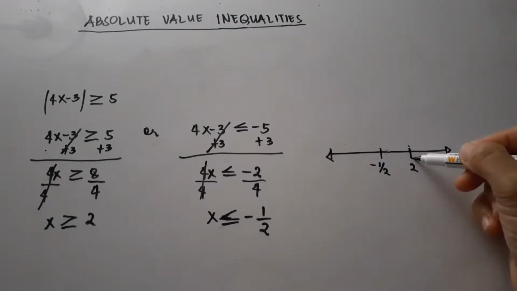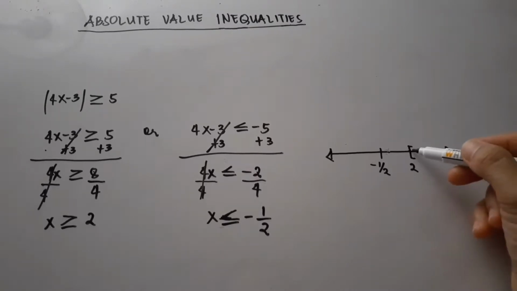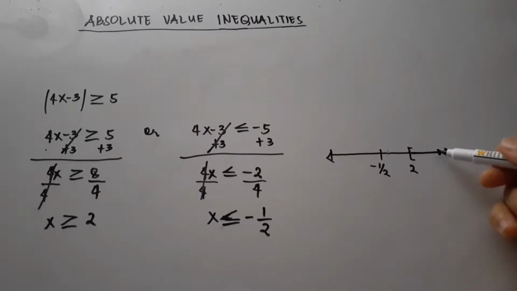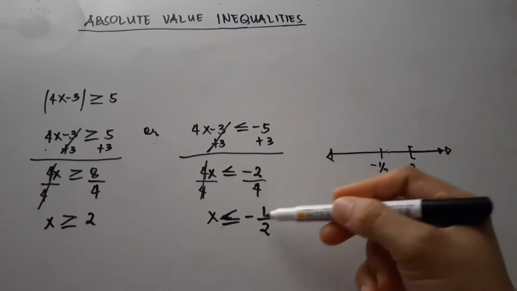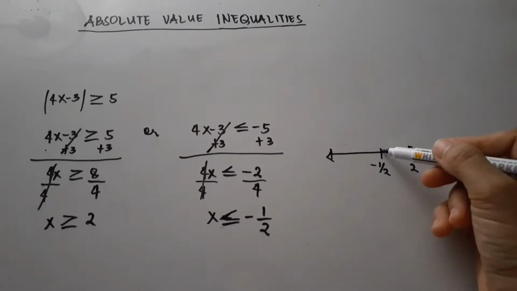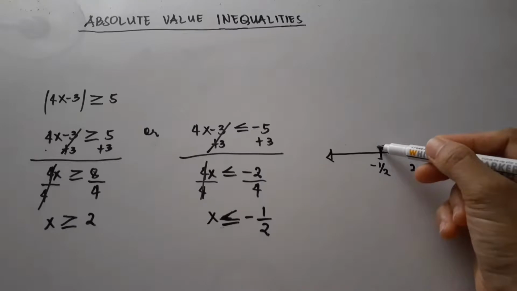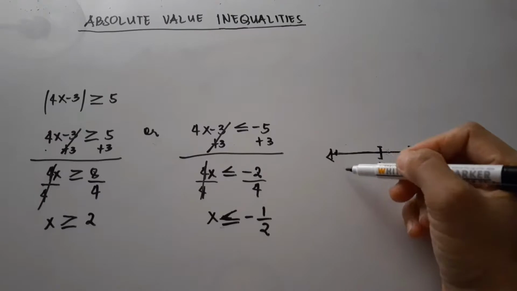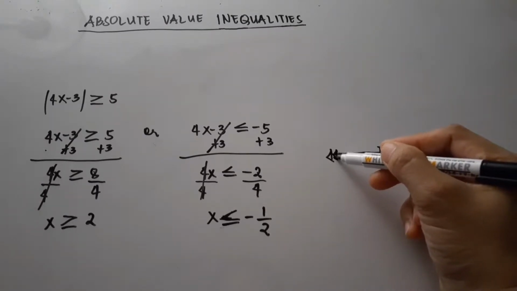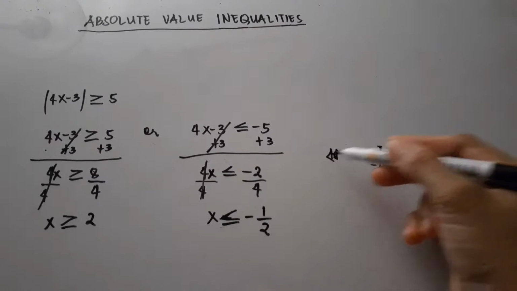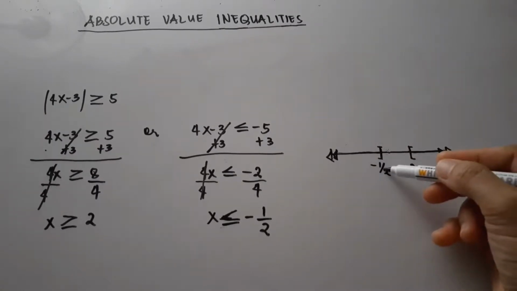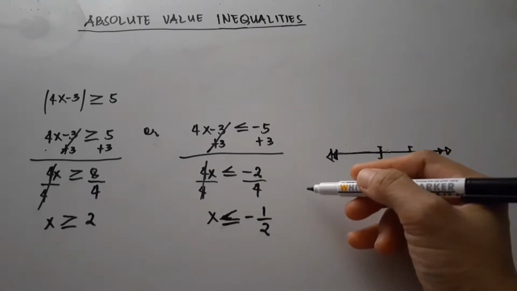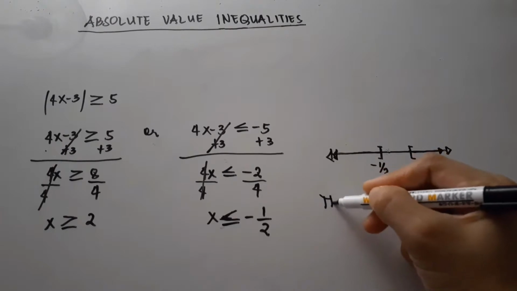Since x is greater than or equal to 2, we locate the point and the direction goes to the right. For x less than or equal to negative 1/2, the direction is going to the left. This is a closed interval, since negative 1/2 is included in the solution set.